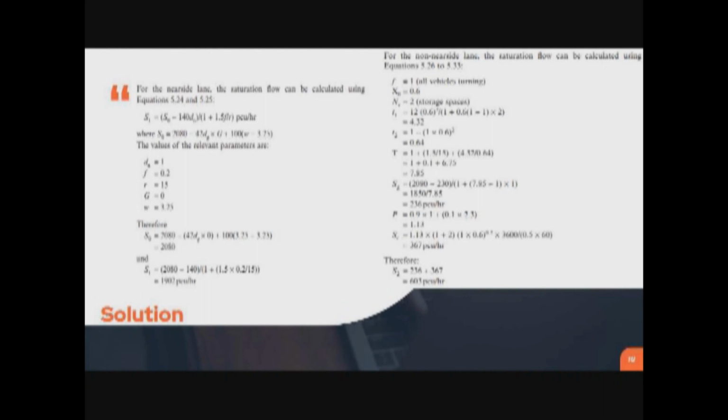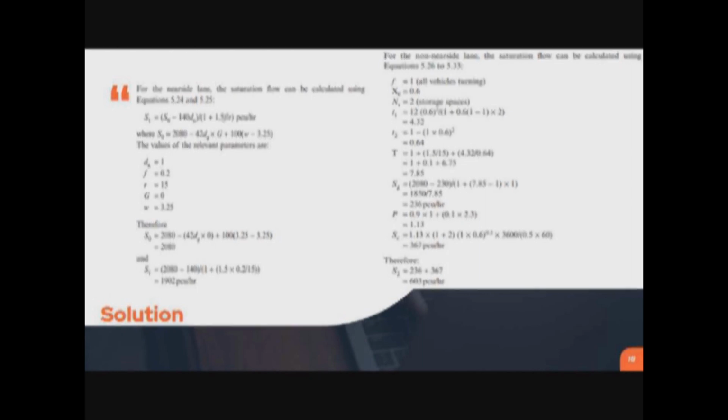Then we substitute this into our equation 5.25, the S sub 0, so that we will be able to get the S sub 1. Since we got the S sub 0, we are able to compute for the S sub 1, in which the answer is 1,902 passenger car unit per hour.